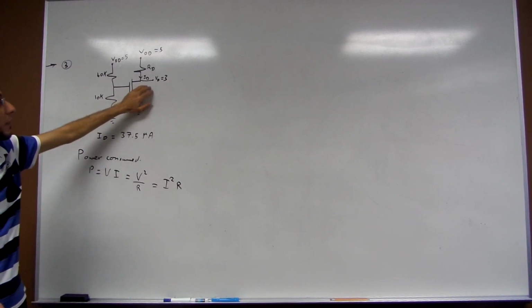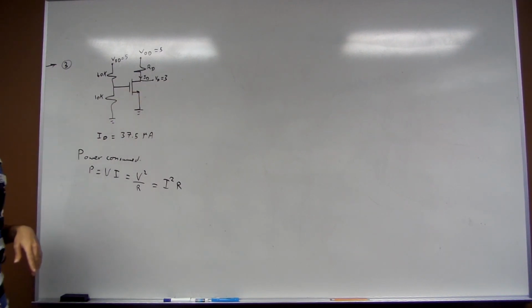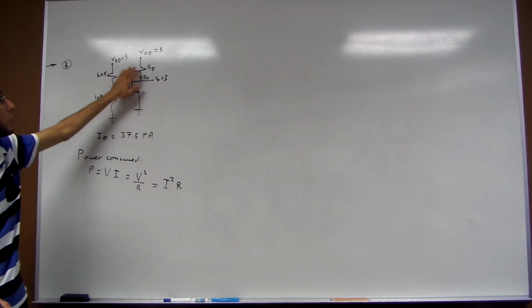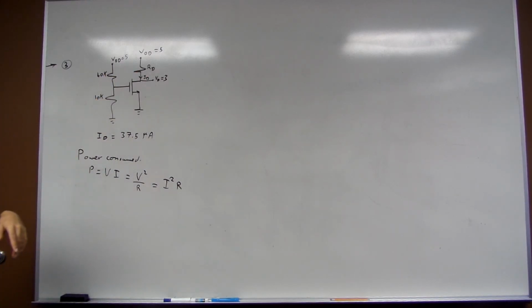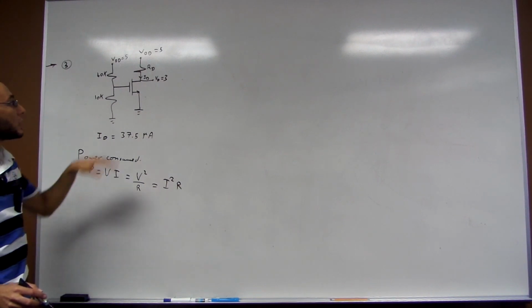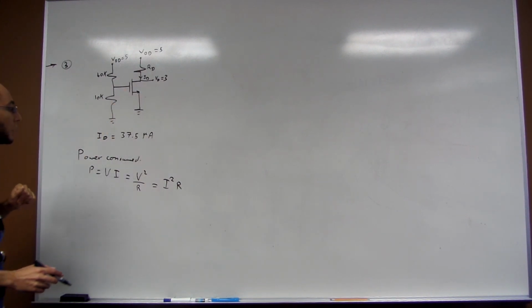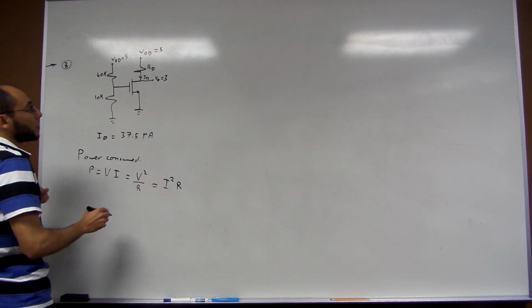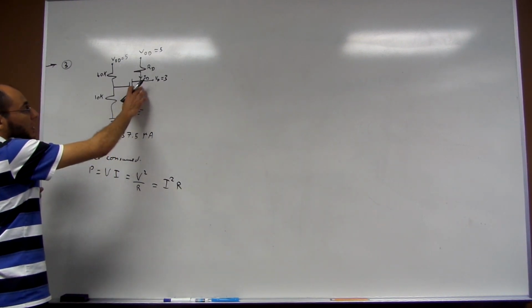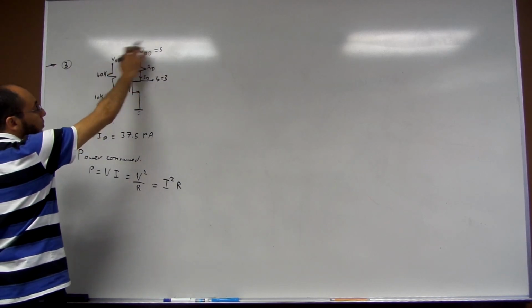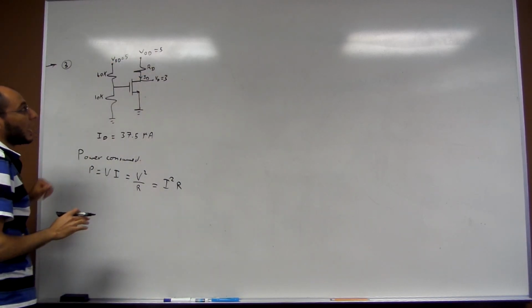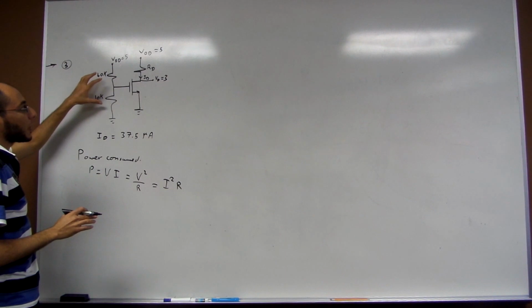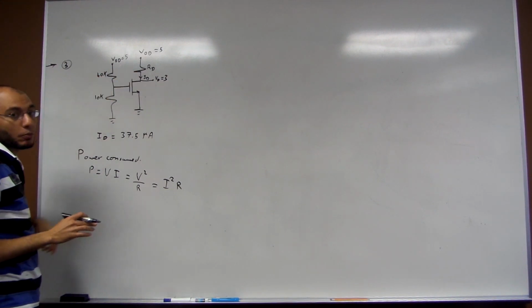In fact, there is some power consumed by the transistor, and that's why you're not allowed to choose only the resistors and see the power consumption in the resistors only. There is some power consumed in the transistor, and you need to take account of that. But instead of calculating the power in the transistor, I'm going to calculate the whole power consumed from the battery, and it is equal to the power consumed in the components.